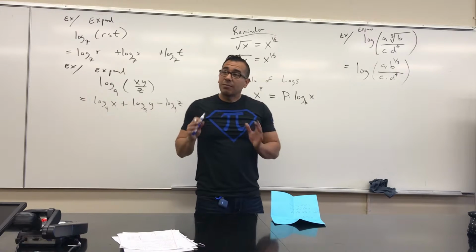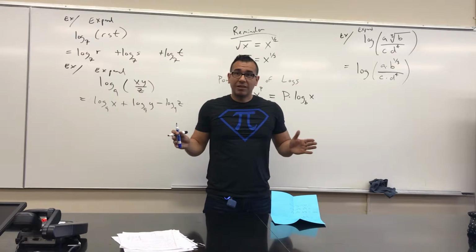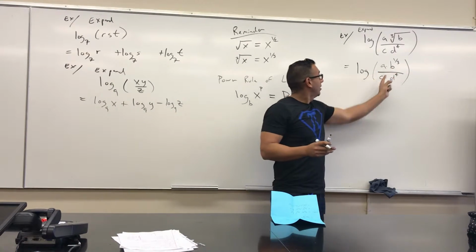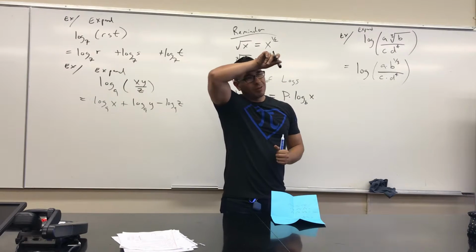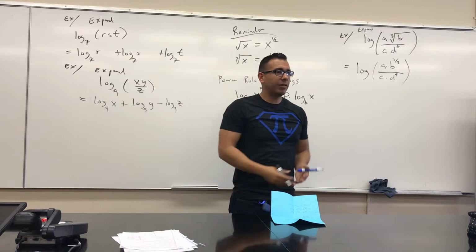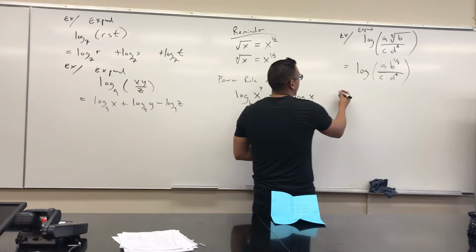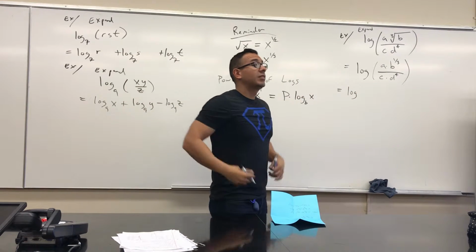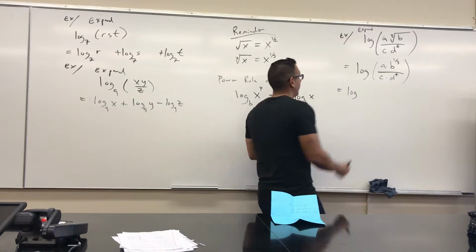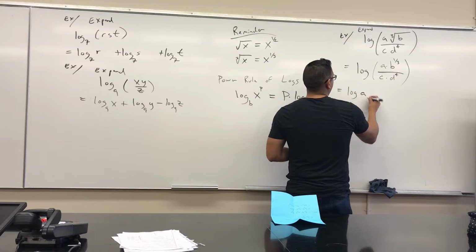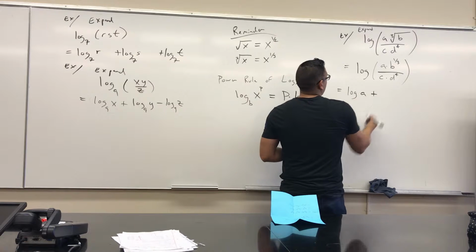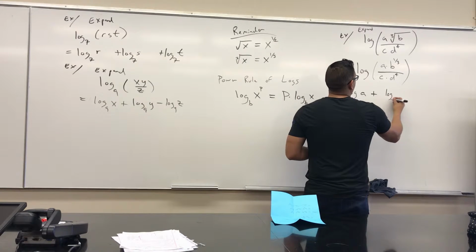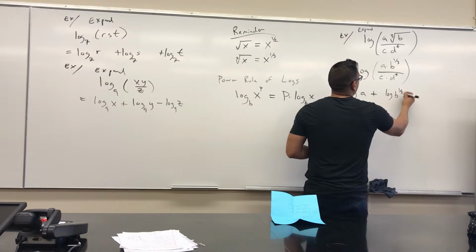Well, how many logs am I going to have here when I expand them? 4, because I have 4 terms there. Well, not really terms, but we can think about it that way. Right? They're going to expand into 4. So the ones that are positive are always going to be the ones in the numerator at the top. Good. So I have log of A plus log base B to the 1/3.